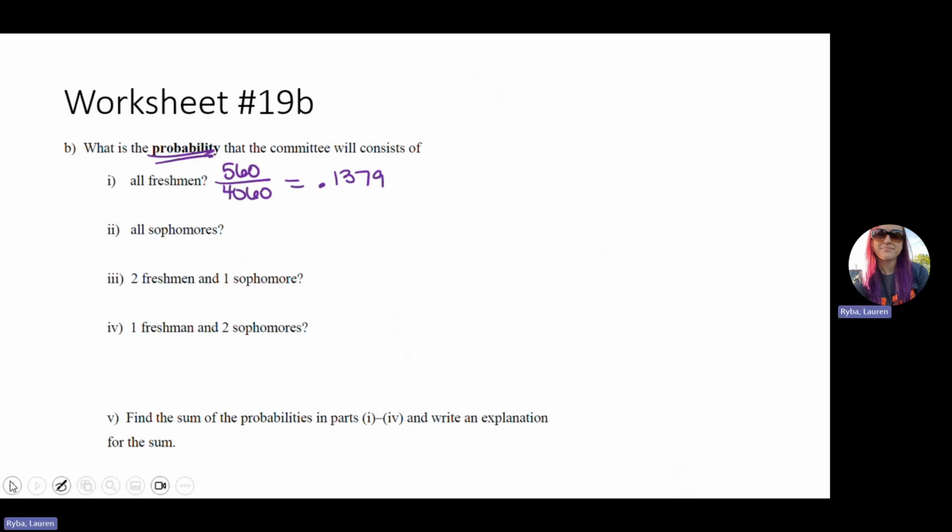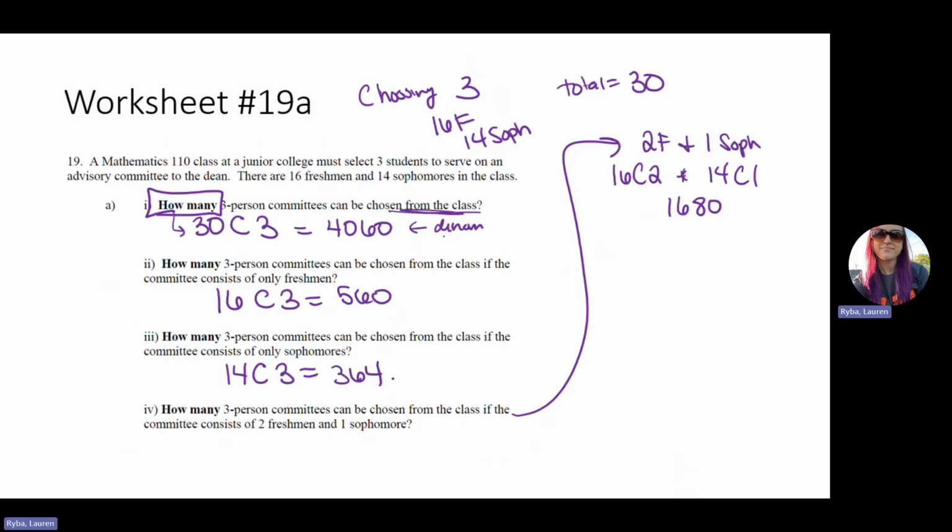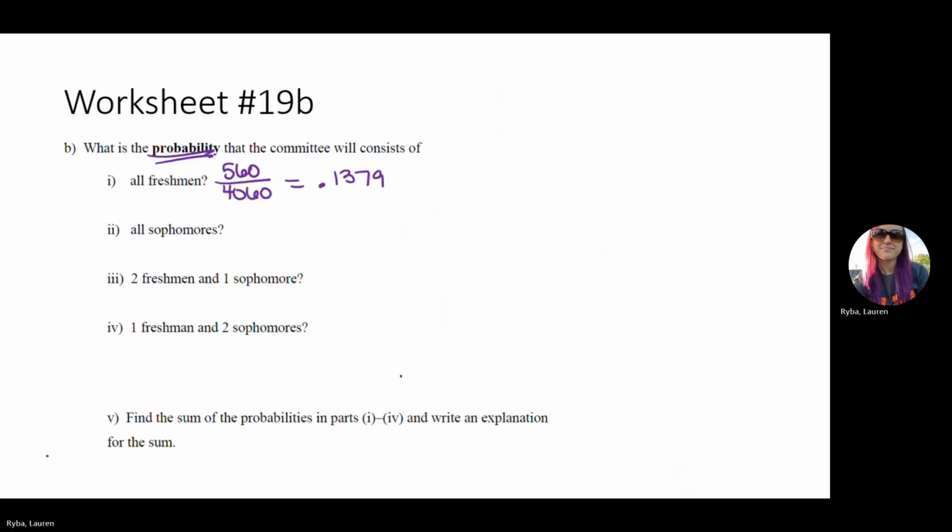What if I want to get all sophomores? Well, all sophomores was this one, 364 out of 4,060. And again, I'll round it as best as I can, 0.897. You can just leave them as the fractions too. I don't really care.